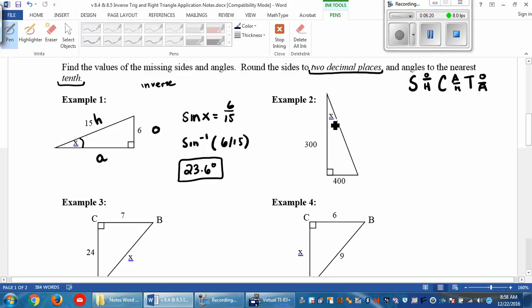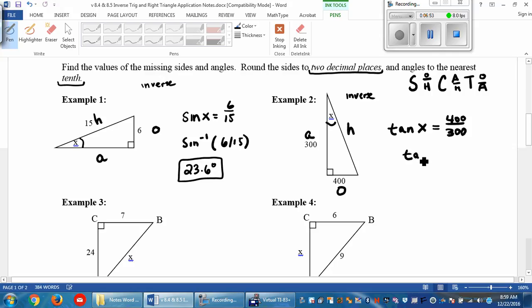Second one, once again, we're looking for an angle measure, so we'll do an inverse. Opposite side is here. Oops, put an A, geez. Opposite side is the 400. The H is here, A is here, so we don't have the H, we have the O and the A. Tangent, so we're doing tangent of x is equal to 400 over 300.